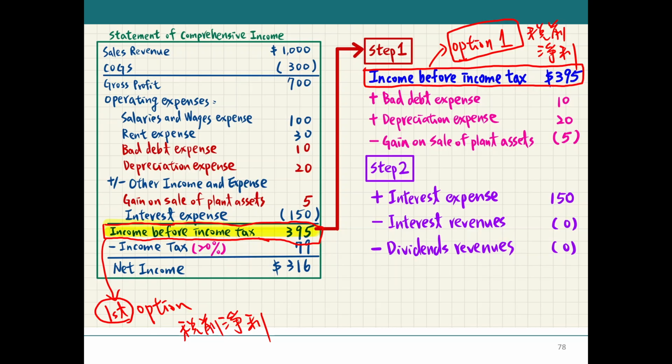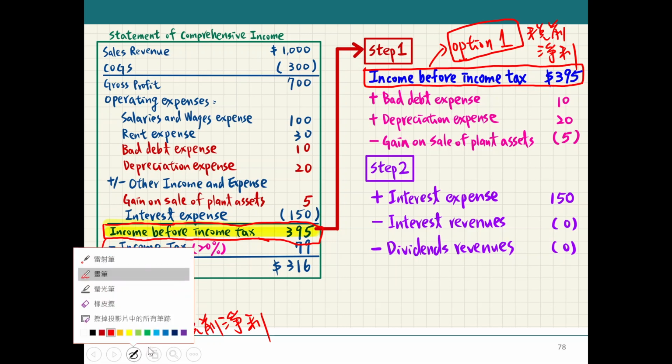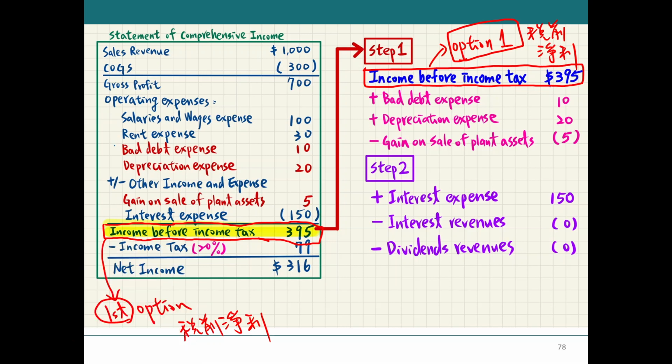Bad debt expense, depreciation expense, gain, right? So in this case, we have three items. One, bad debt expense. Two, depreciation expense. Three, gain on sale of plant assets, right? These three items are non-cash items.